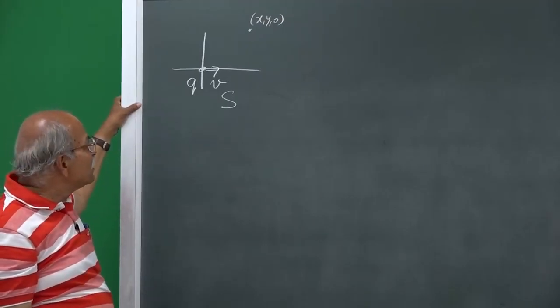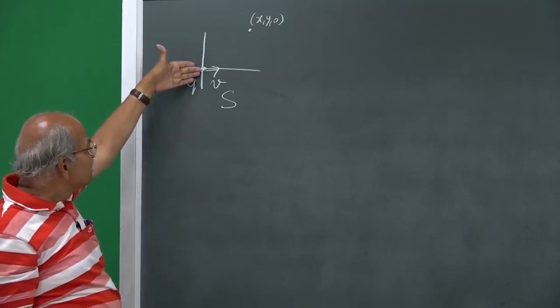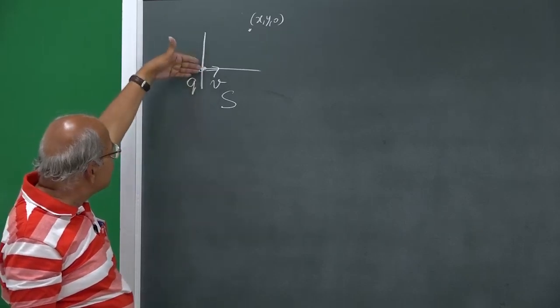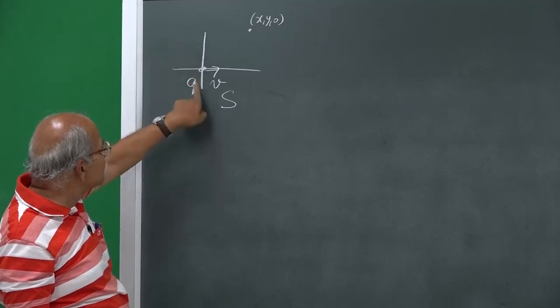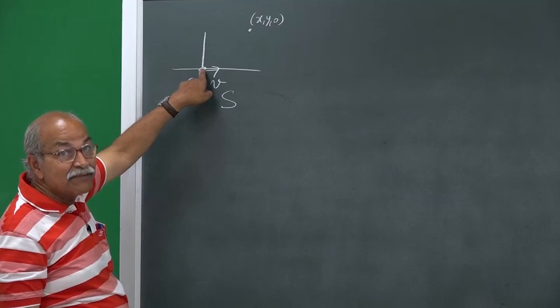And our scheme was that we set up the S prime frame whose origin is at this point at t equal to t prime equal to 0 when this particle is here.